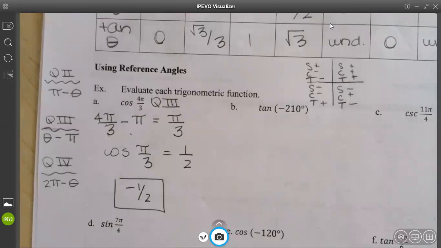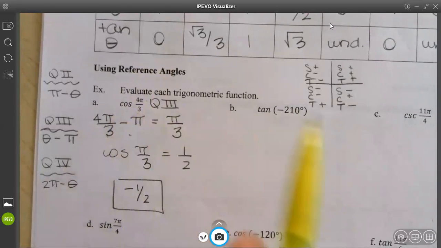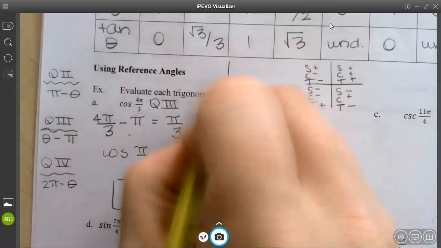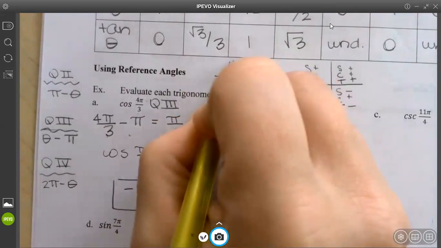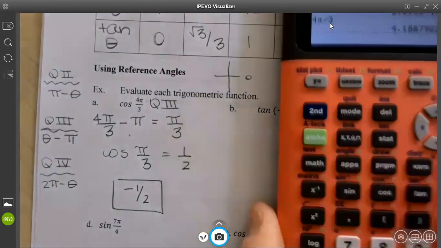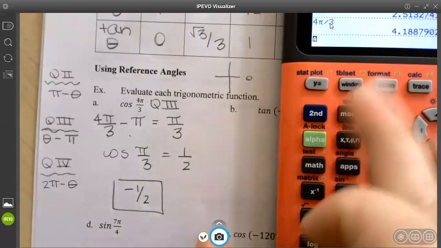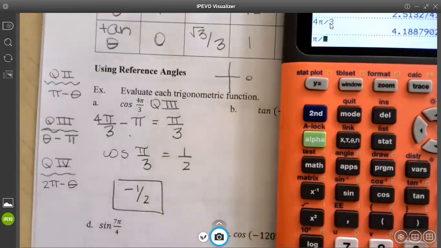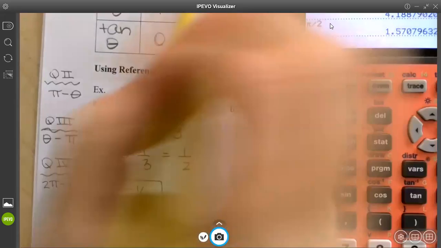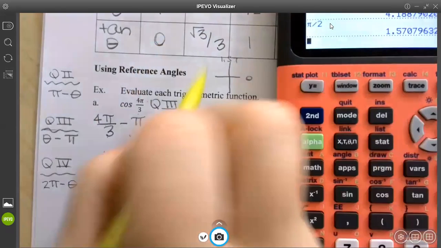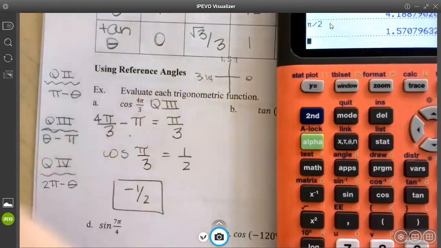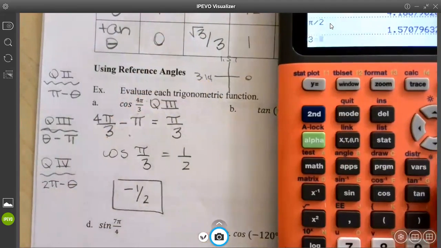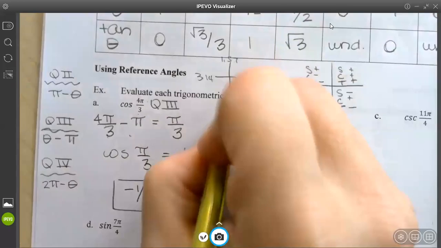Okay, pay attention. 4 pi over 3. Remember we made our little thing a minute ago. This was 0. What's pi over 2? 1.57. This is 3.14 because it's pi. 3 pi over 2 is 4.71.